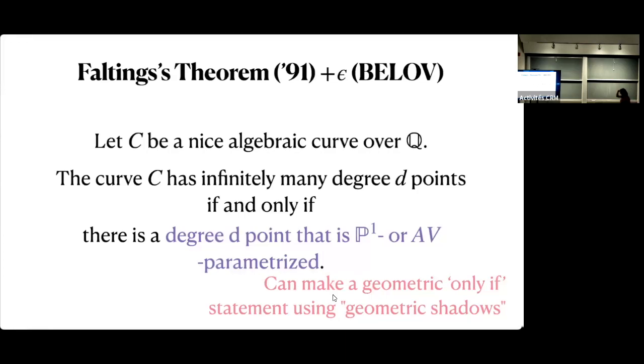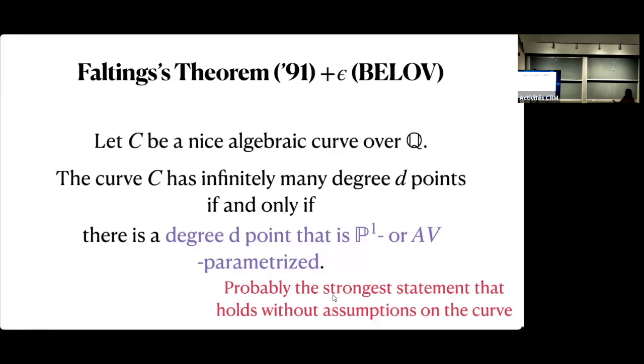I think I could construct a curve that contains some number of isolated points. Oh, actually, this is also the next thing. So I think this is probably the best you can say without any assumptions on the curve, because definitely if you have higher genus, all the rational points are isolated.